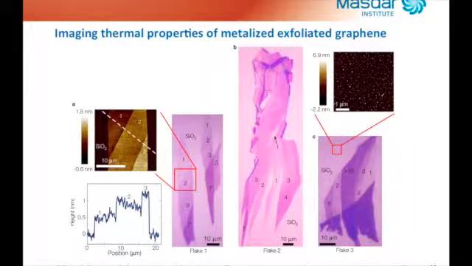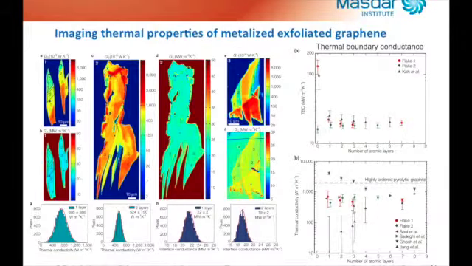So we prepared different flakes by mechanical exfoliation so that we could have at the same time regions of graphene made of different layers. And we applied the technique in order to determine the thermal properties of graphene, in particular the interface conductance between the metal layer on top, graphene, and the substrate underneath, which was silicon dioxide. And that's what we obtained.